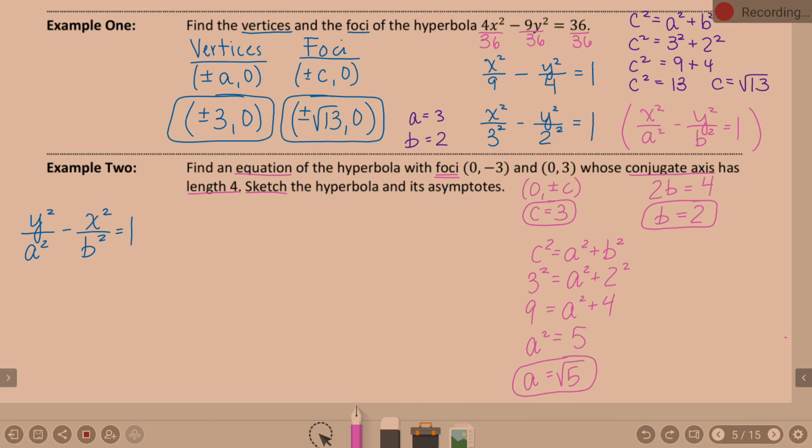Do you guys know the decimal for square root of 5? No. We're going to need it, because we have to graph. Otherwise, I would say we don't need to know it. But because we're going to sketch the graph, it is going to be helpful to know the square root of 5.